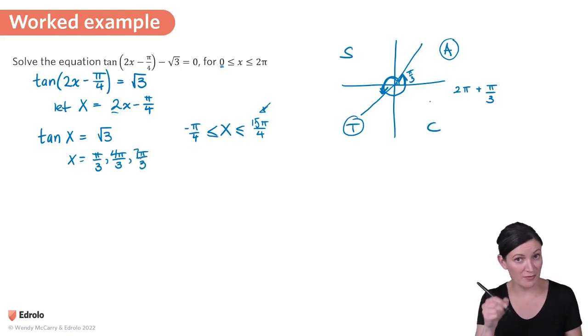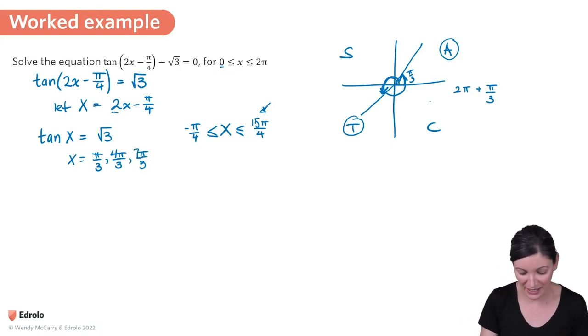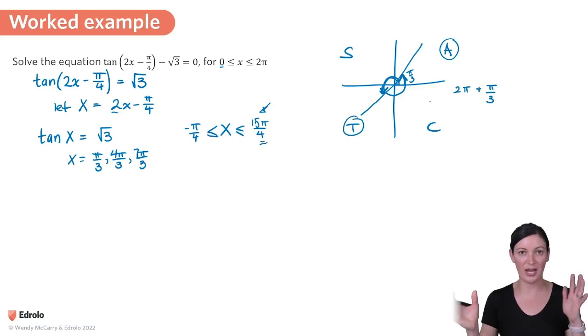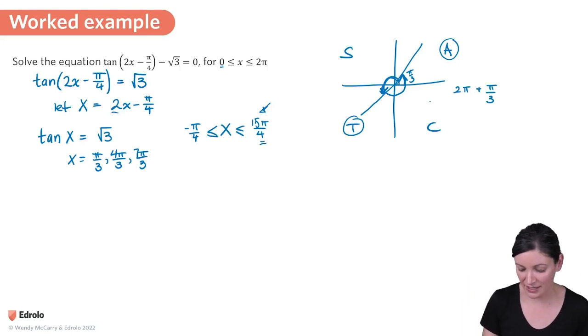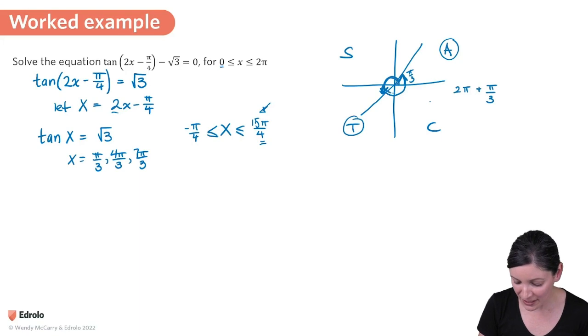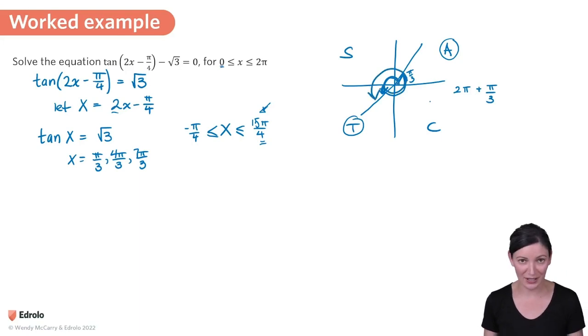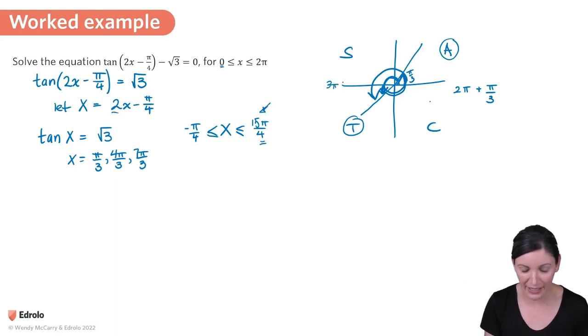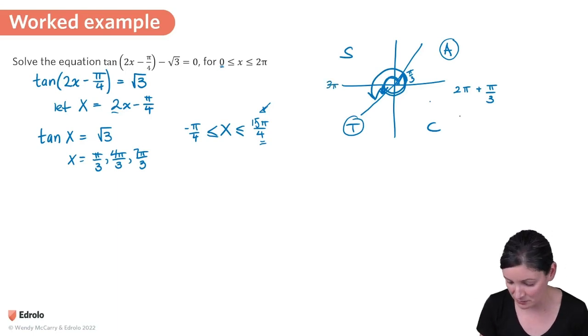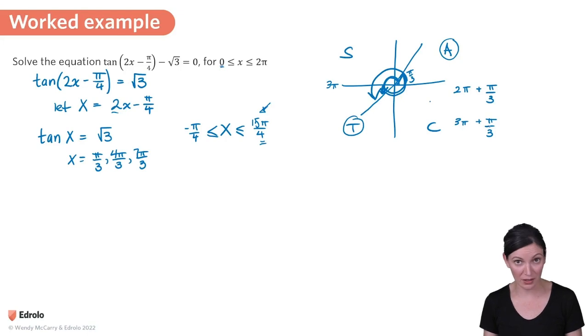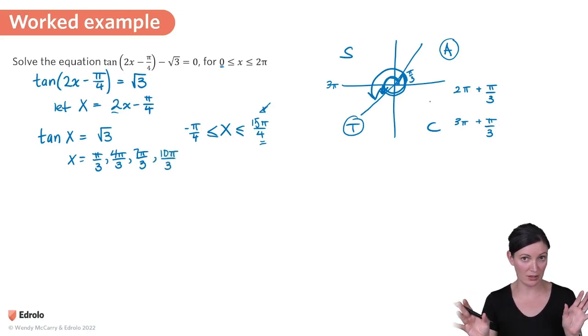And I can fit one more angle in before I get to the end of my interval for x. If I go all the way around to this angle now, that's going to be 3 pi plus pi on 3, which would be 10 pi on 3. And those are all the angles that will be within those two bounds.